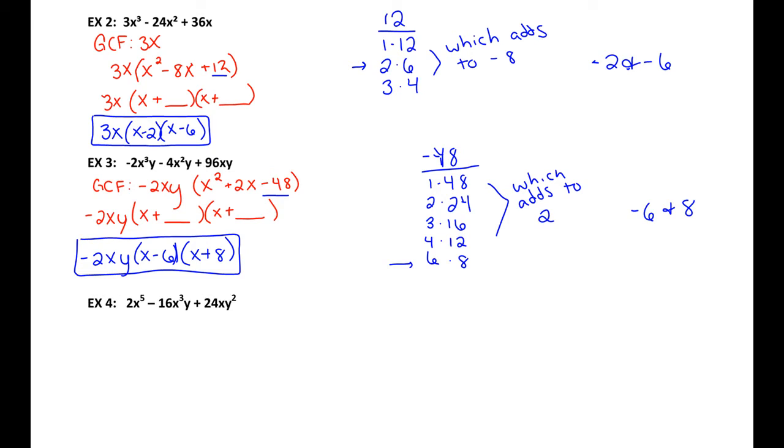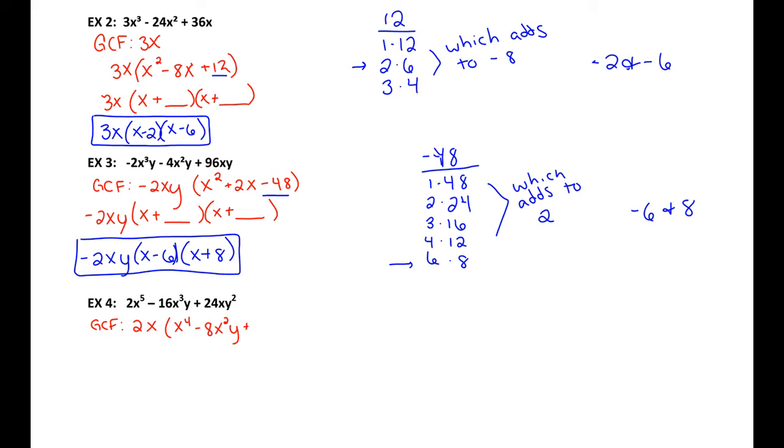4 is going to be a little bit different because I have x and y that'll be left over when I'm factoring, because the greatest common factor is 2x. So after I pull out the 2x, I'm still left with x to the 4th power minus 8x squared y plus 12y squared.